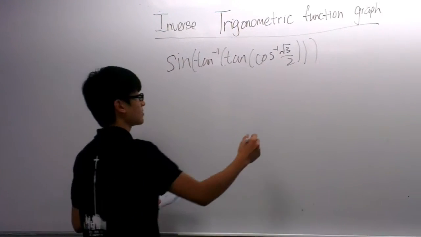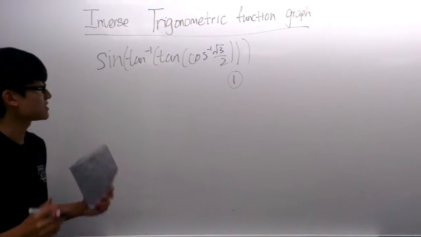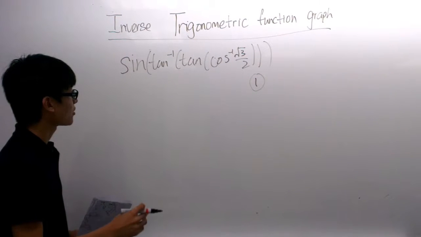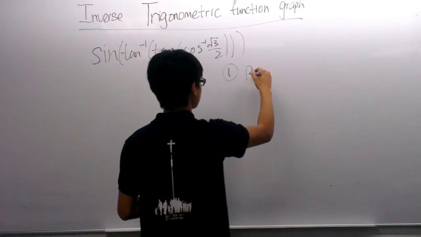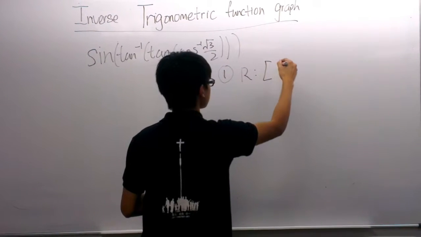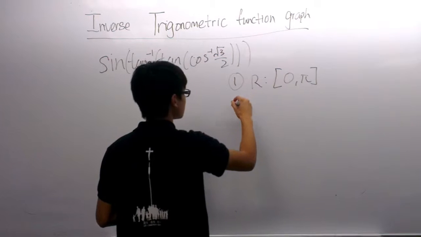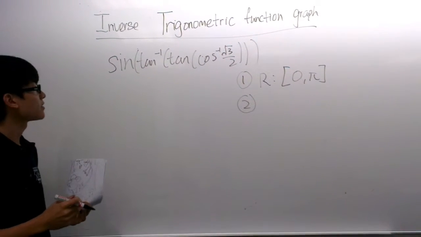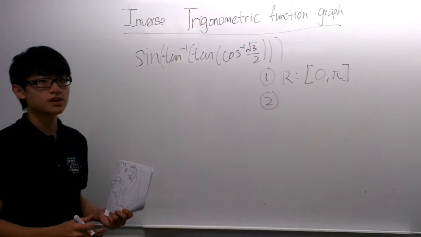First step, we need to state the range of our arccos function. The range will be from 0 to pi. Secondly, we need to know which quadrant of the unit circle the angle whose cos is √3/2 lies on.